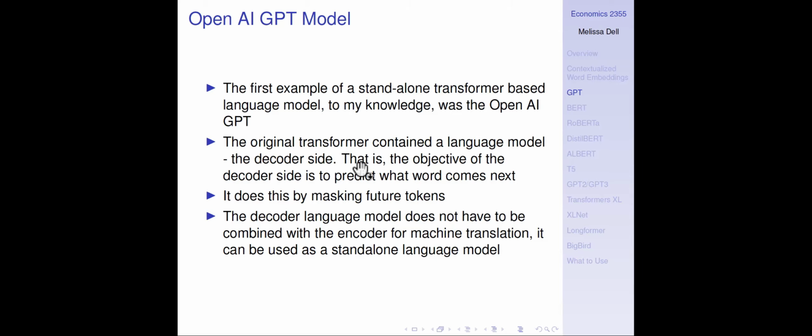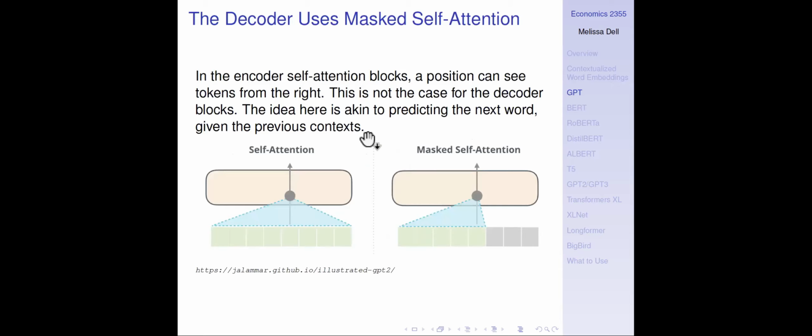You can just take the decoder model by itself and use that as a standalone language model, which is what the OpenAI GPT did. I just want to quickly review a couple of concepts from last class in the context of what an encoder transformer and a decoder transformer do, because that's going to be relevant to how these different language models differ.